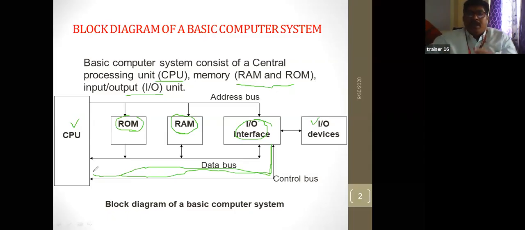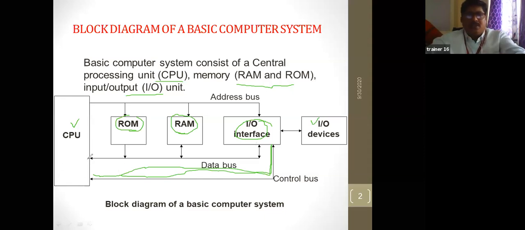When the Google Chrome browser comes, that is the output, right? When you click the Word document on the desktop and it opens, that is the output. So in between, from the CPU, if you click Google Chrome, some process is going on.